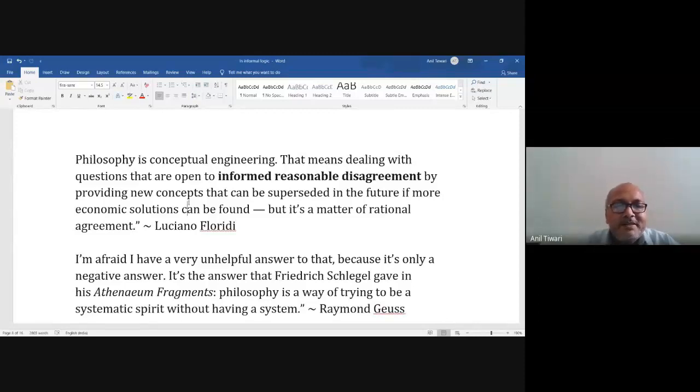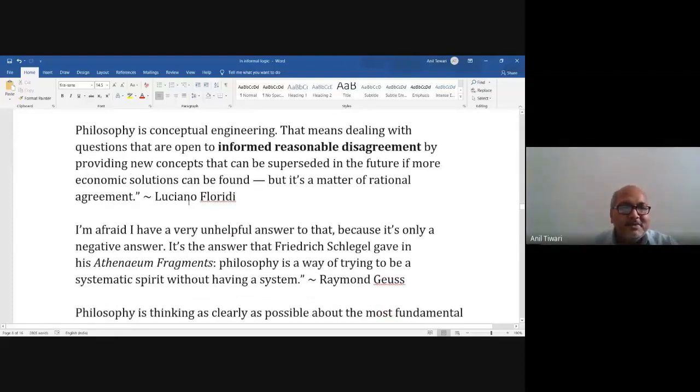By providing new concepts that can be superseded in the future if more economic solutions can be found. But it's a matter of rational agreement. So you rationally agree to disagree rationally. This is interesting for understanding what we consider in philosophy.